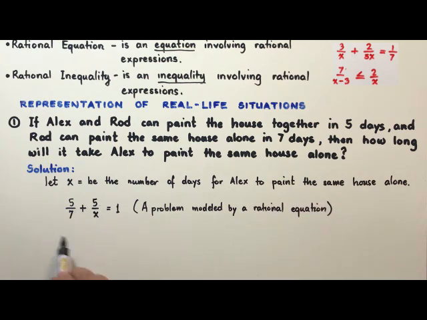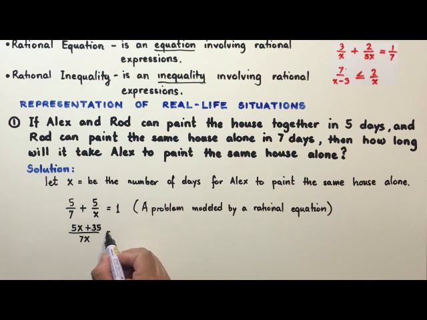So solving this rational equation, we can find the least common denominator, which is the least common multiple between 7 and x, and that is 7x. So 7x divided by 7 is x, times 5, so that is 5x. 7x divided by x is 7, and 7 times 5 is 35.